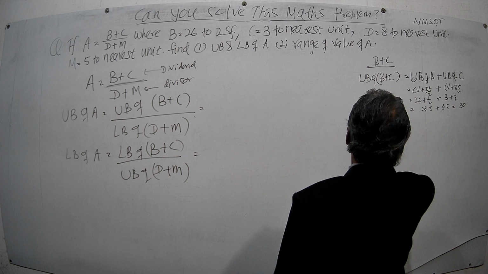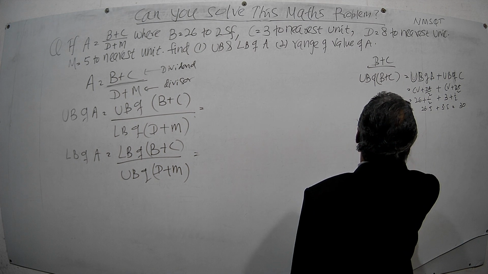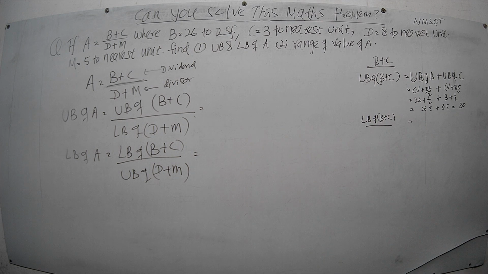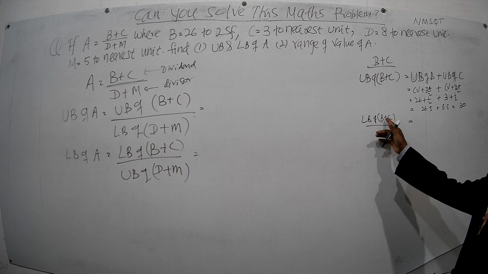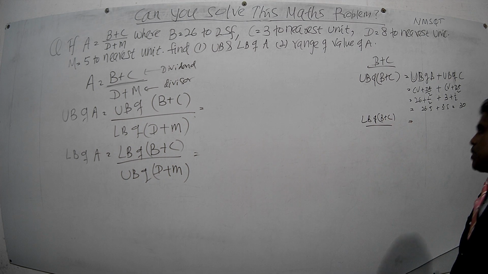Then lower bound. Lower bound of B plus C is what? Here also B plus C means it's a sum. B addition C, that means two numbers have been added.